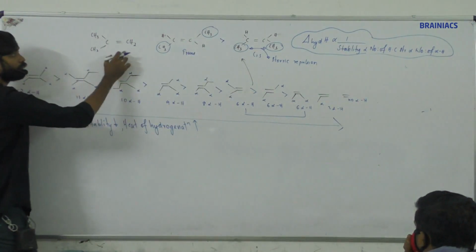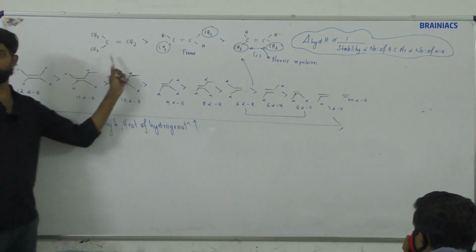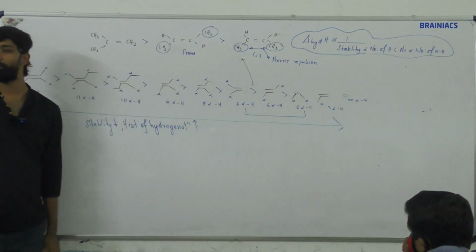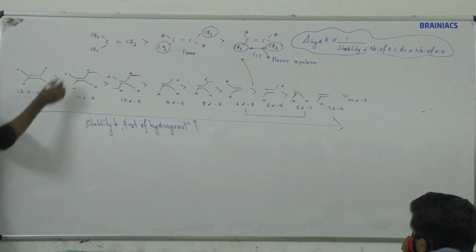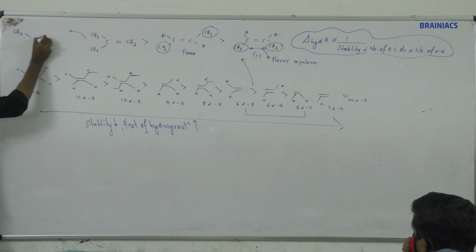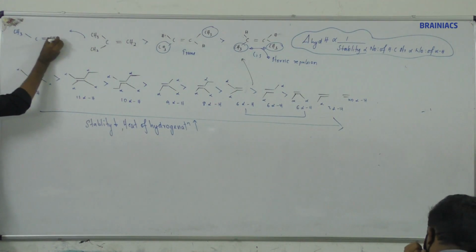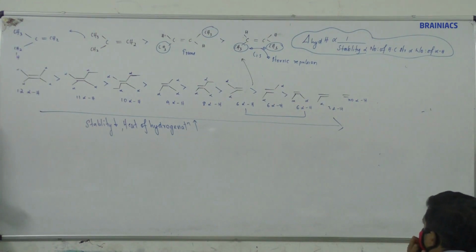What about this one? These two have the same hyperconjugation. Agreed? These two have the same hyperconjugation, but the hyperconjugated structures are different. Let me consider the hyperconjugated structure of the first one. Okay, listen.